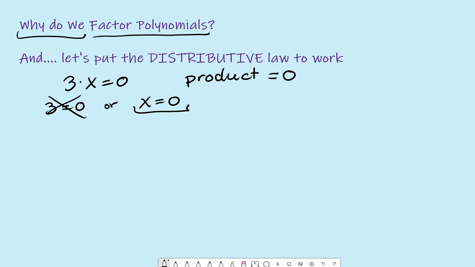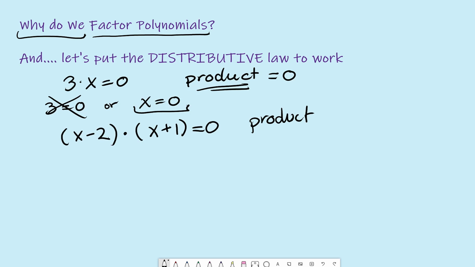But this is a very, very powerful tool. If we can put a polynomial in the form of a product, then it's much easier for us to solve it when we equate it to 0. For instance, let's look at this equation, x minus 2 in parentheses times x plus 1 equals 0. Again, we have a product of two terms that equals 0.